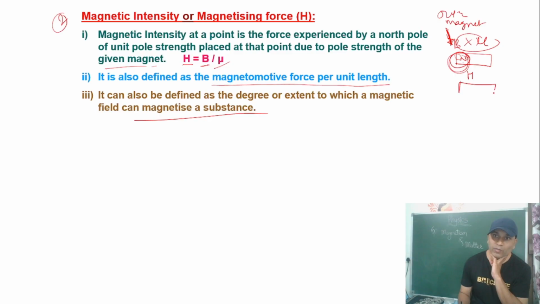Suppose this is just an iron rod. Now we give some magnetic field in the permeability of mu, and if it is experiencing some kind of magnetomotive force per unit length, it will also get magnetized after some time. It will take some time.